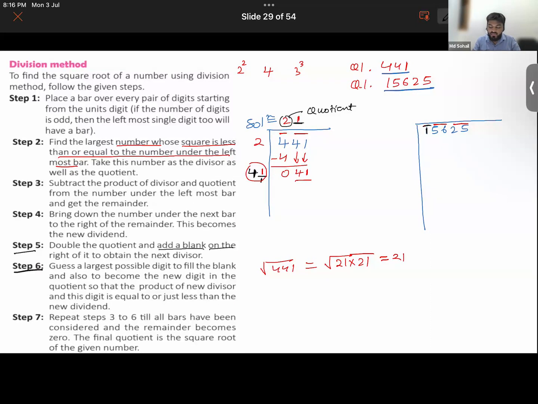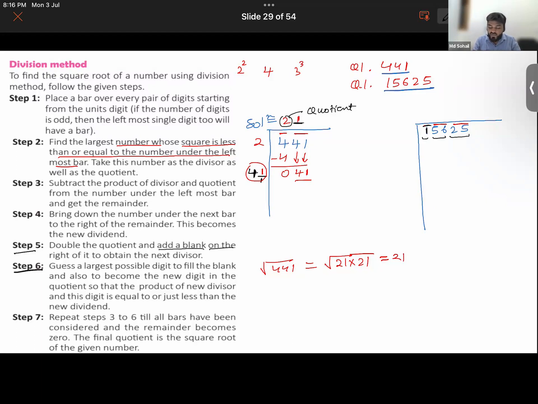And remember, the bars are placed over pairs of numbers, and when you have a single digit, over that number also you will place a bar. So whenever you do the calculation, you will consider 25 together, 56, and then 1. This is how you consider the numbers.